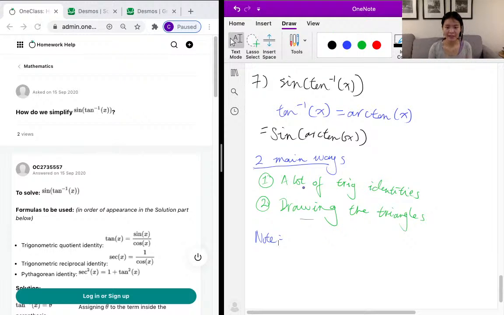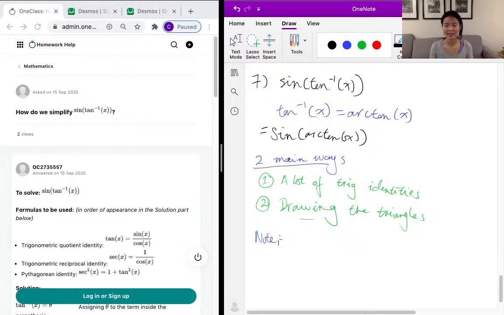So for the inverses of sine, cosine, and tangent, the output of sine, cosine, and tangent of x is the input of arcsine, arccosine, and arctangent of x.